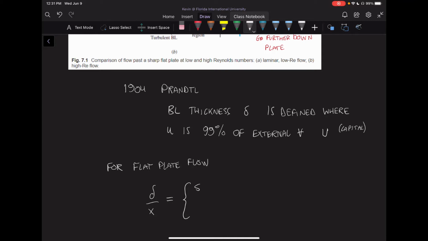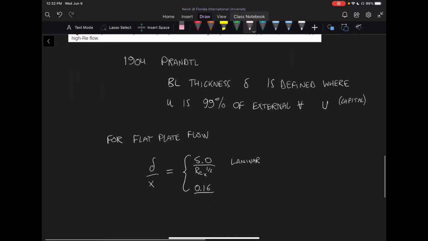He said that it was equal to 5.0 over Reynolds x to the 1/2. Okay, so we can see that it's Reynolds sub x to the 1/2. This is for laminar flow. And for turbulent flow, he found that it was equal to 0.16 over Reynolds x to the 1/7.